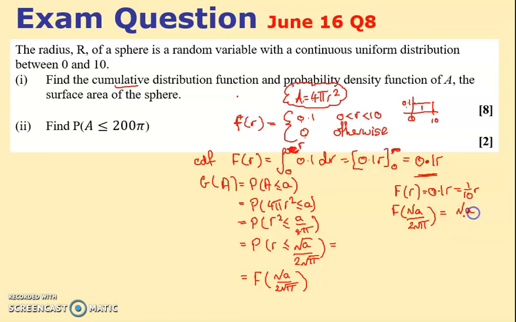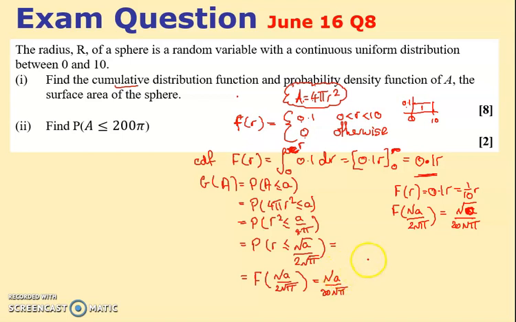So it becomes root r, sorry. Root a over 20 root pi, because the 2 and the 10 combine to give me 20. So I reckon it's root a over 20 root pi.